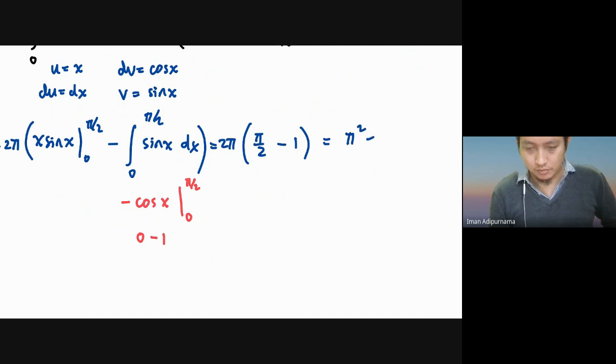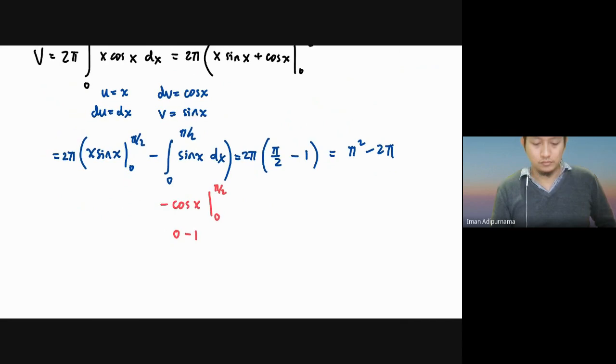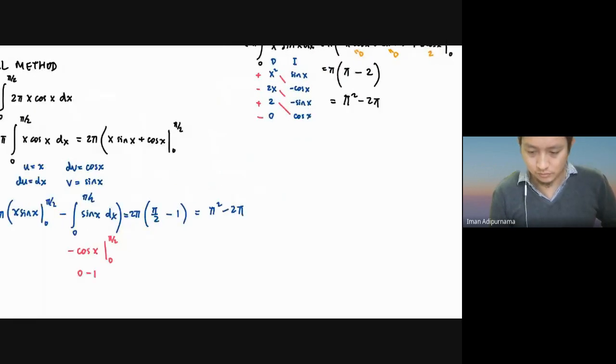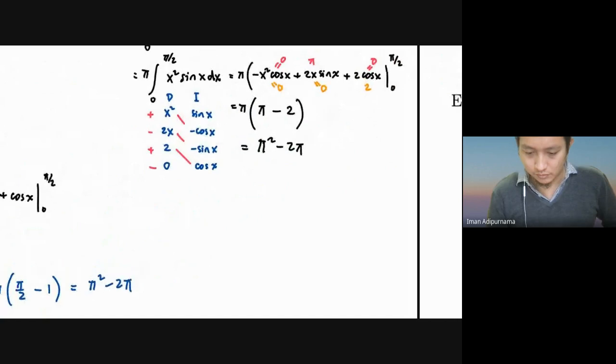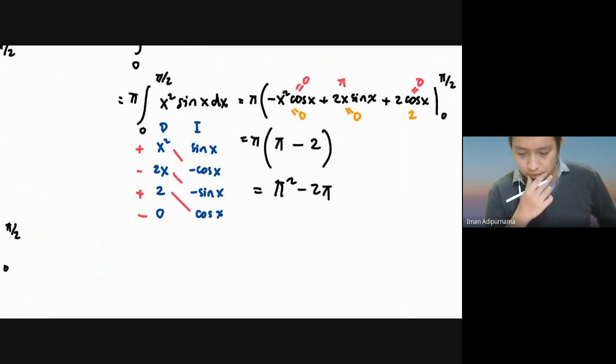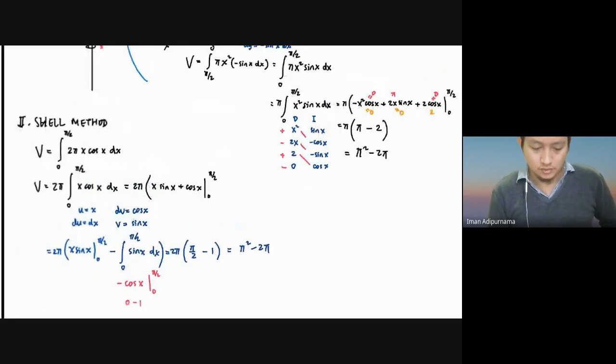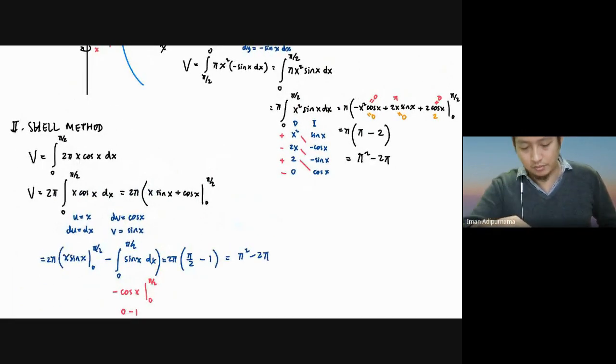So pi squared minus 2 pi. Okay, let me check again this part. It's 2. Okay, it should be the same volume.